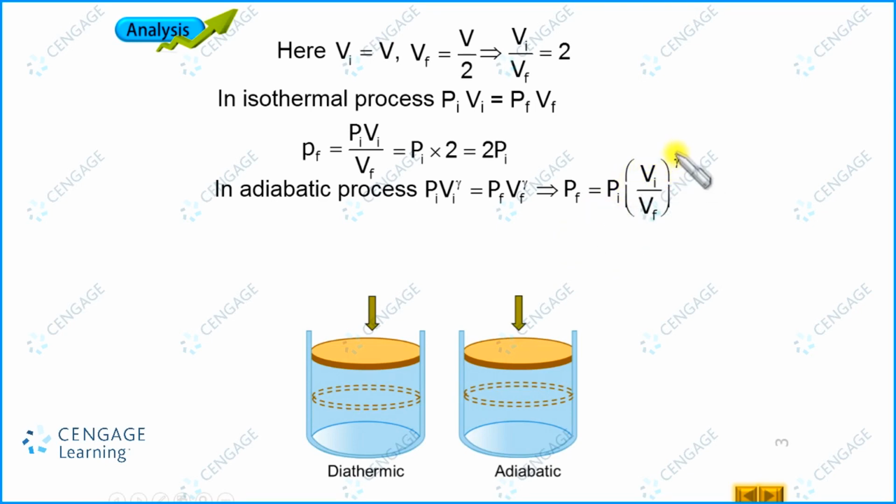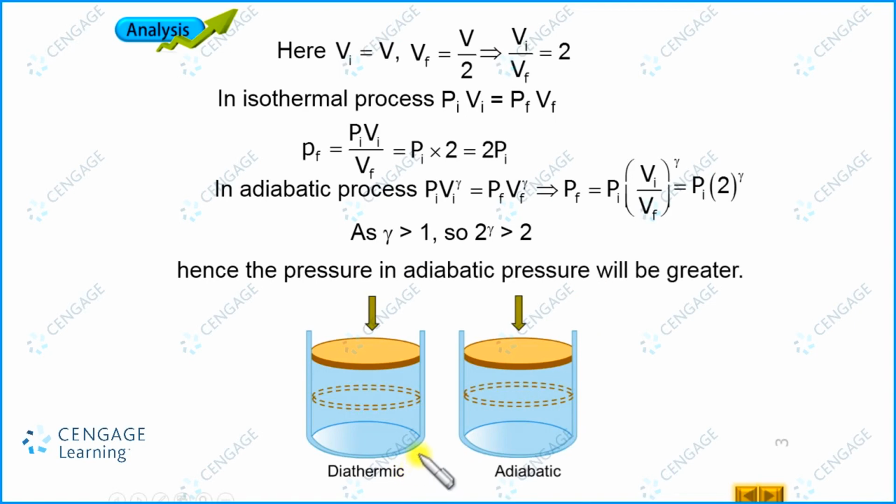And we know this gamma is always greater than 1 in case of the adiabatic process. That means this ratio, we know this is equal to 2, right? That means 2 to the power gamma is greater than 2. This is 2 to the power 1 and this is 2 to the power gamma. That means the pressure in the adiabatic container will be greater than in the diathermic container. That means the pressure in the adiabatic container is greater, right?